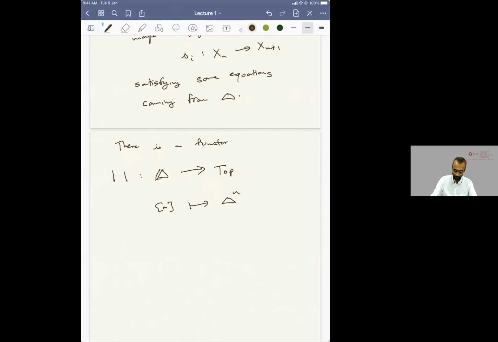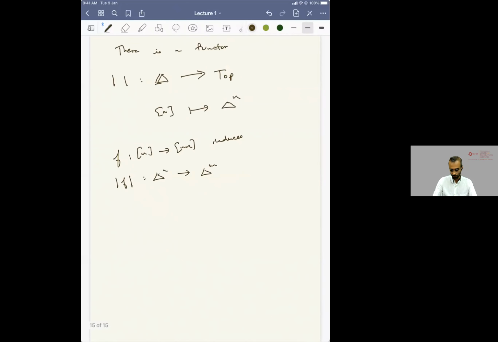So if I have a map f from n to m, it induces a realization of f from Delta n to Delta m, and this sends x_0 through x_n to x_{f(0)} and so on.